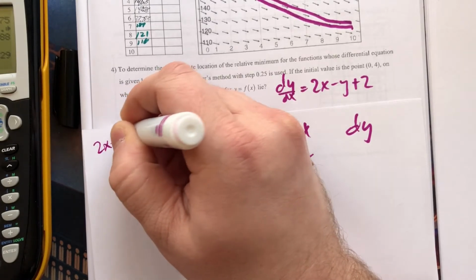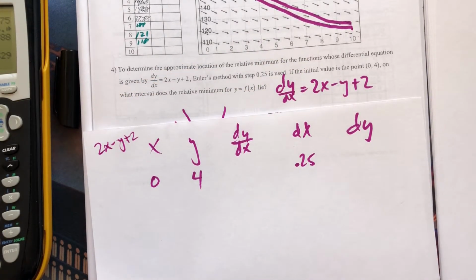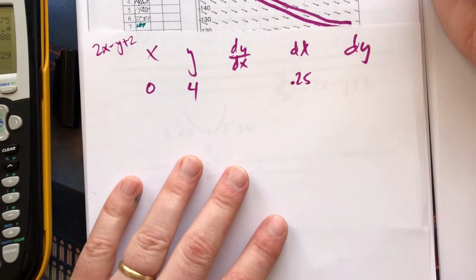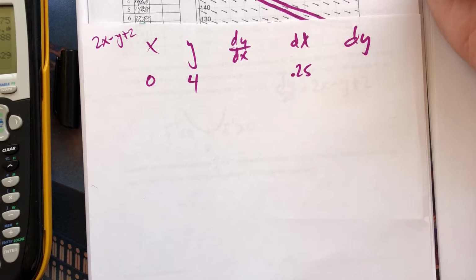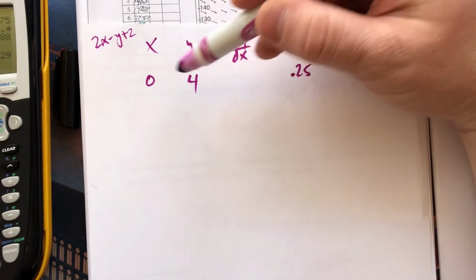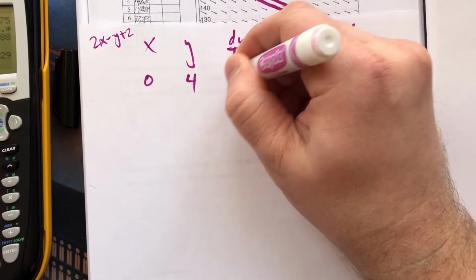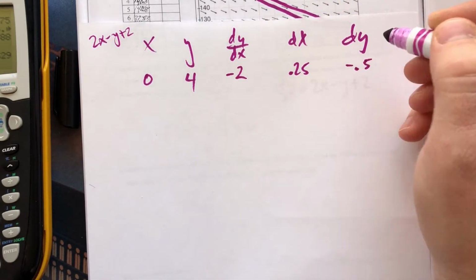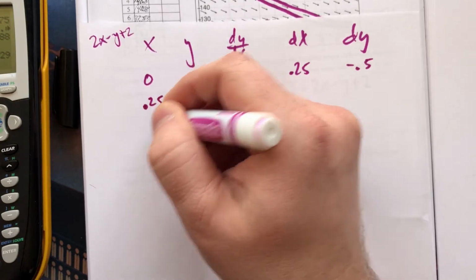So 2x minus y plus 2. Well, that's going to be 0 minus 4 plus 2, which is negative 2, times 0.25. That's negative 0.5.